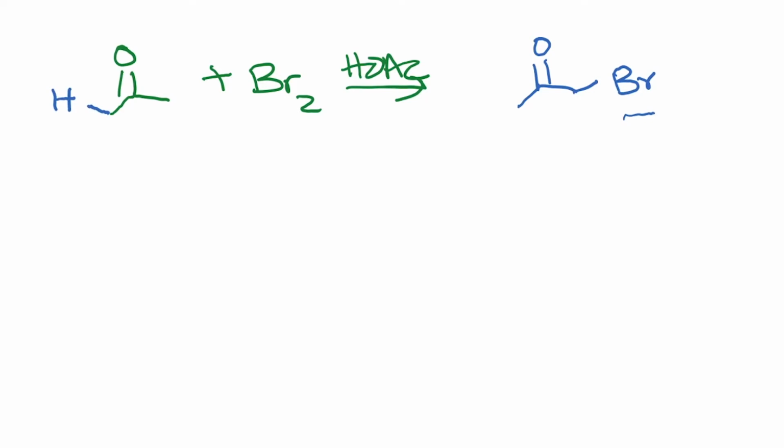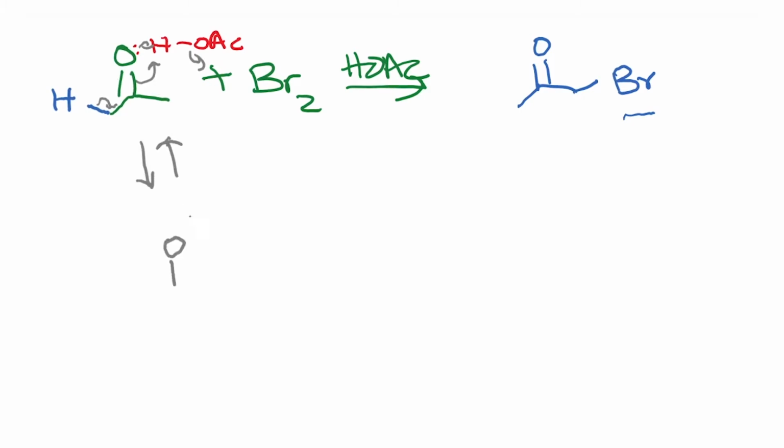So you have acetic acid. This carbonyl can pick up a proton from here and kick out acetate, and in the process it can form an enol. This is something that we are quite familiar with.